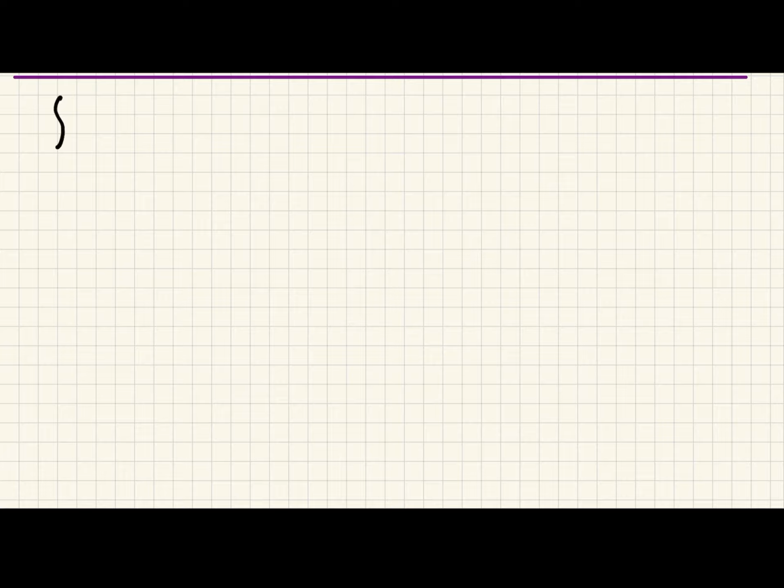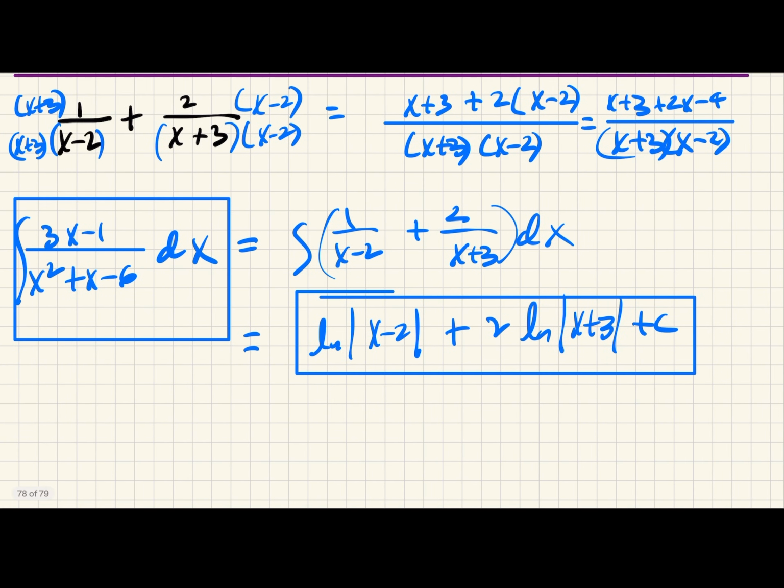Integral 2x minus 1 over x squared minus x minus 6. Let's do that. Let's go back over here. Here's something I can tell. That quadratic, I needed it to be factored, right?